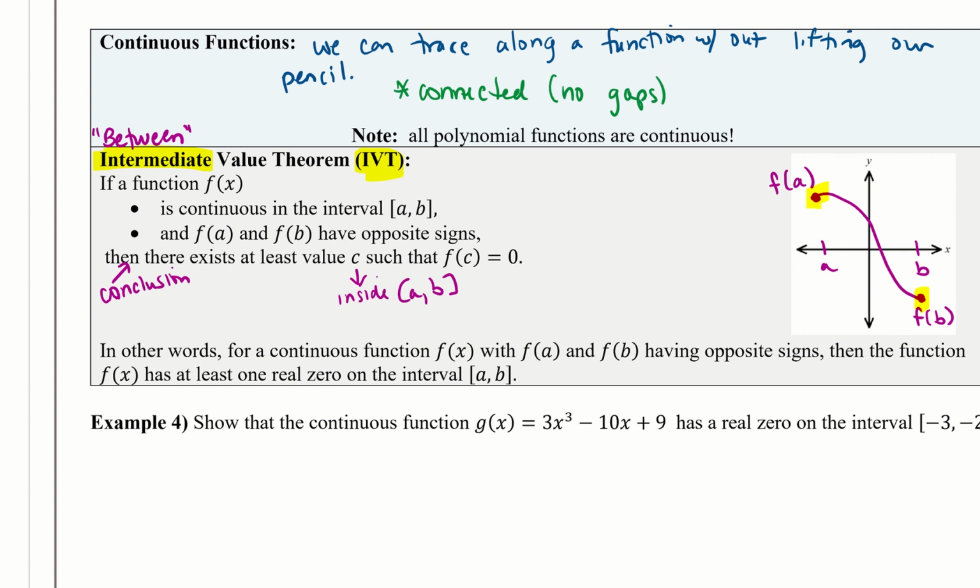If I have a positive value for one endpoint and a negative value for another endpoint, the only way that I could get from a positive to a negative without there being any gaps is I must cross a 0. And that is because 0 is going to be a height between a positive value and a negative value.